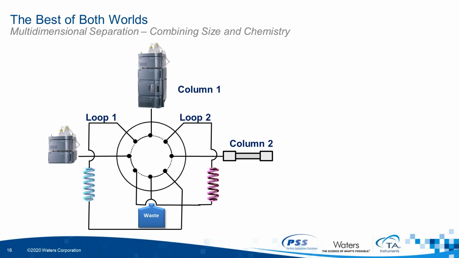We achieve this by constantly switching the valve once one of the loops is filled with effluent from the first dimension. I think a short animation will help us here to understand the principle a little bit better.